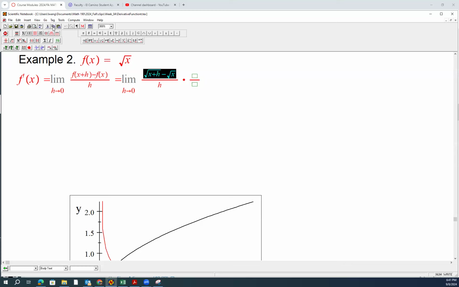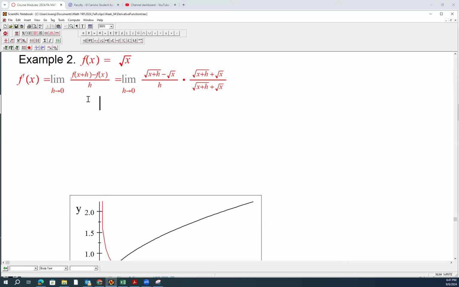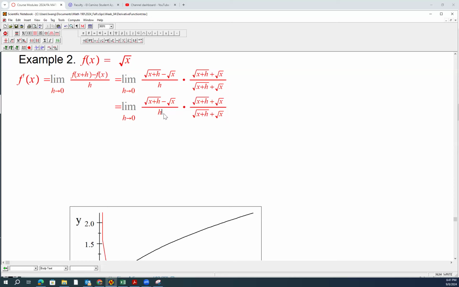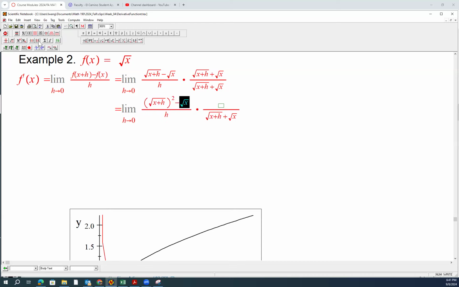Rationalizing the numerator. The technique is one we are very familiar with. Multiply by the conjugate, divided by the same quantity, so we're multiplying by 1. Anything times 1 stays the same. So our next step: numerator times numerator, we get a squared minus b squared. So this is going to be the first piece squared minus the other piece squared, and the denominator times denominator.